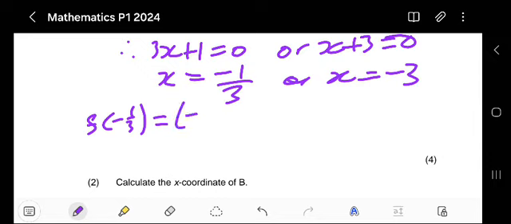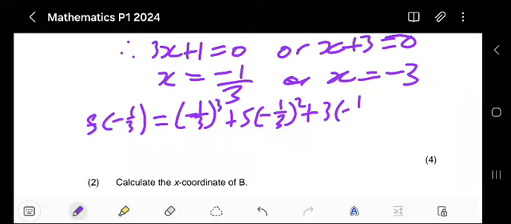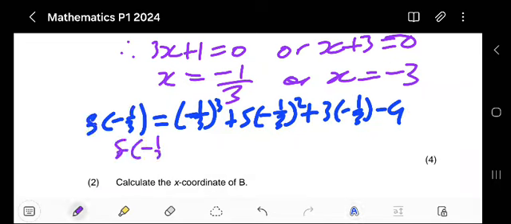So when you substitute this into the original formula, cubed plus 5 squared and so on, what is the value of y?